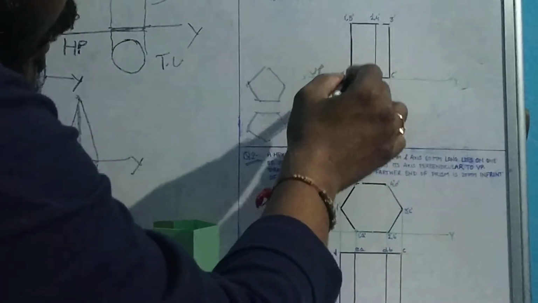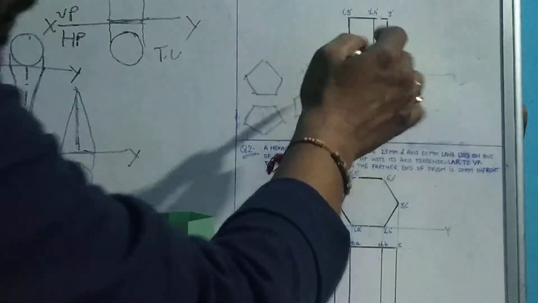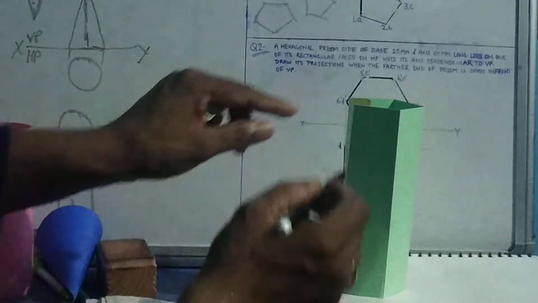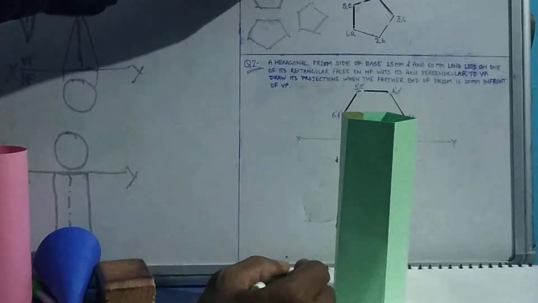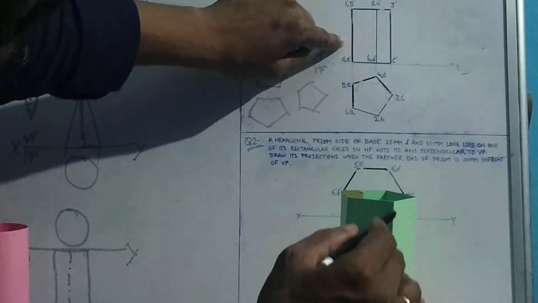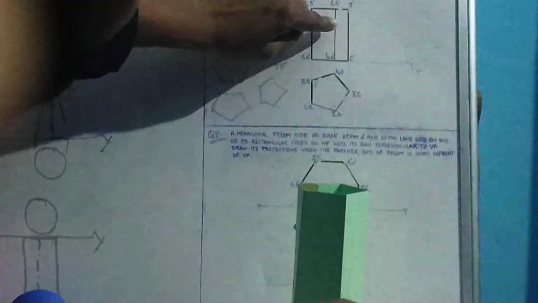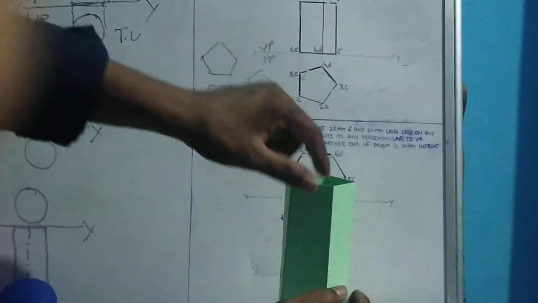Why are we getting three lines here? This is the first line, this is the second line, and this is the third edge which we are getting here.